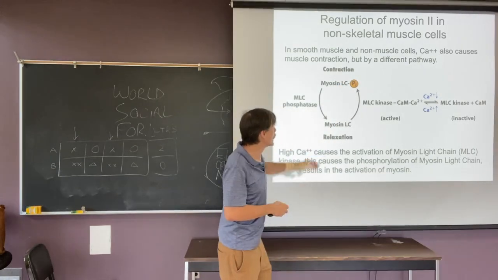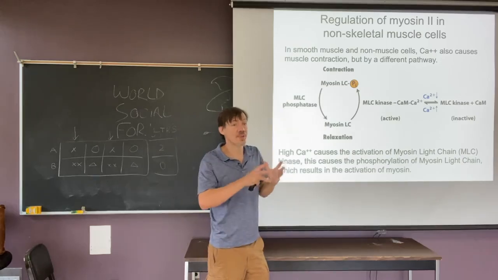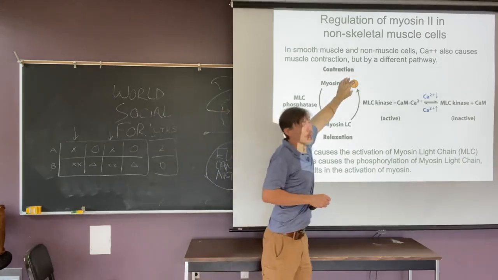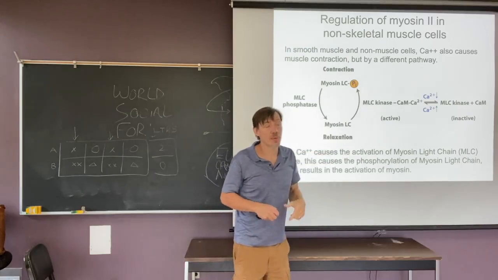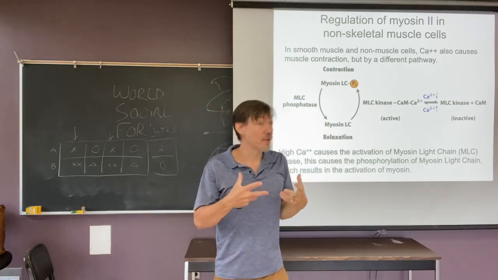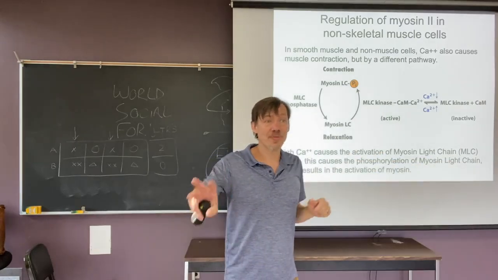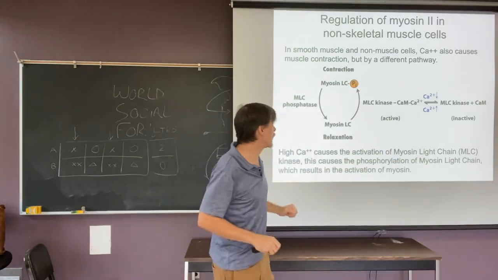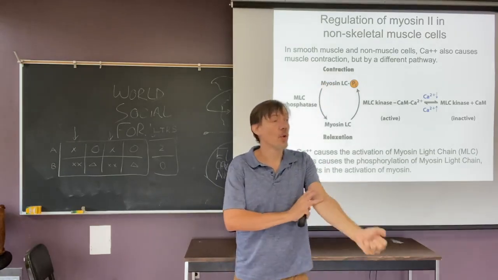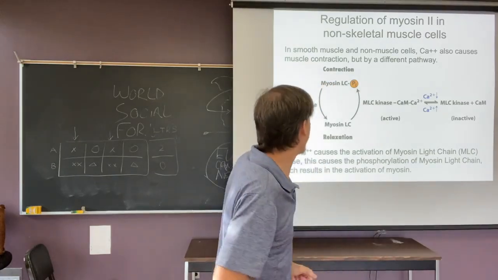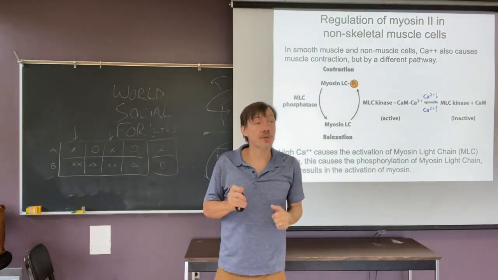And then on the other side of this kinase, there's a phosphatase, and the phosphatase is removing these phosphates, and it's causing relaxation. So in terms of the regulation of non-muscle myosin 2, there's going to be a kinase and a phosphatase that are modulating the phosphorylation of this myosin light chain, which causes myosin to be active.